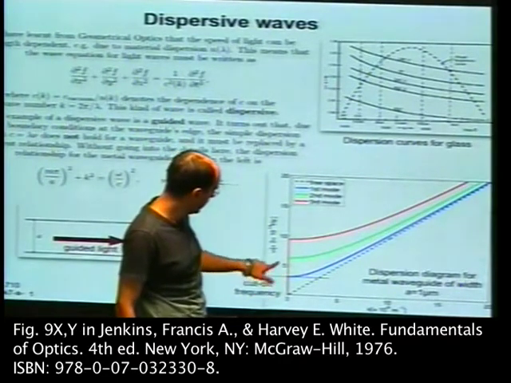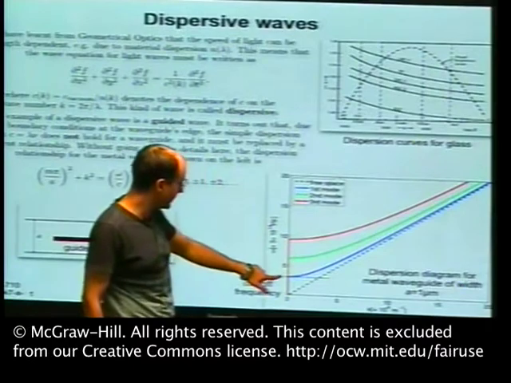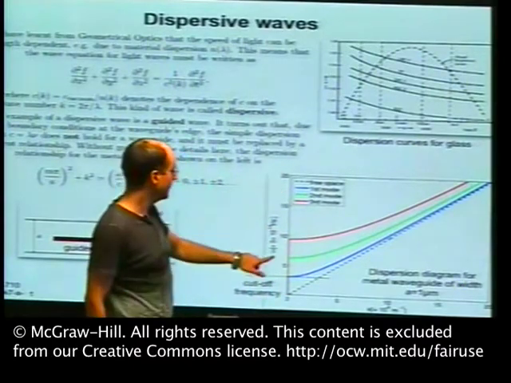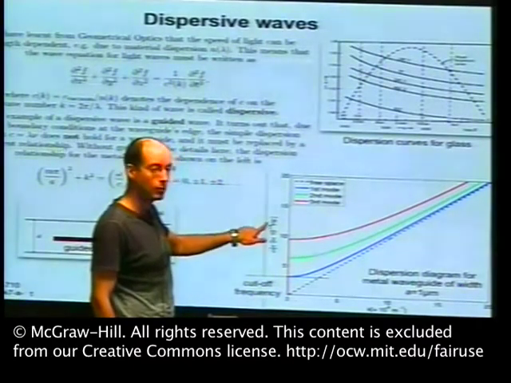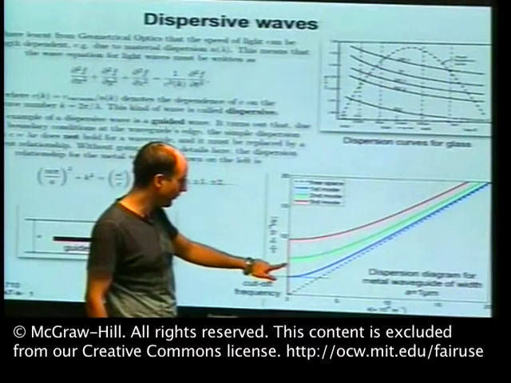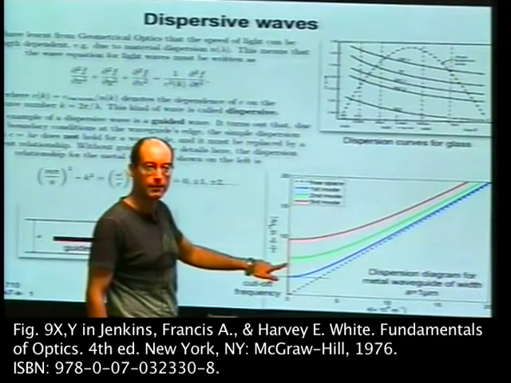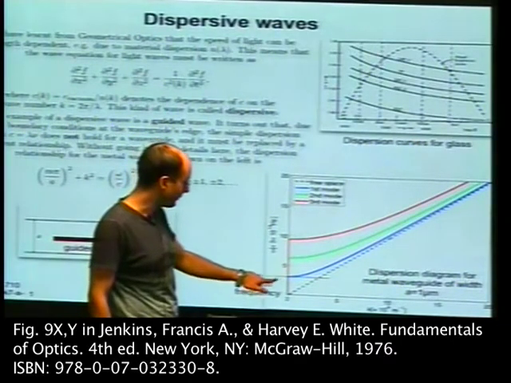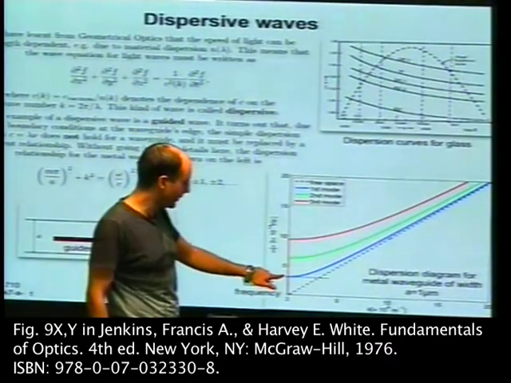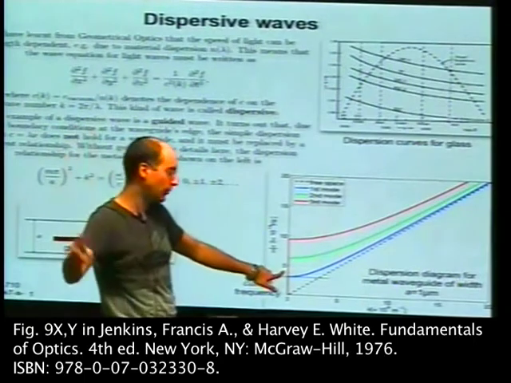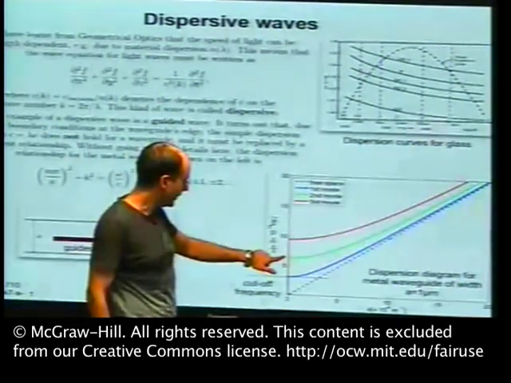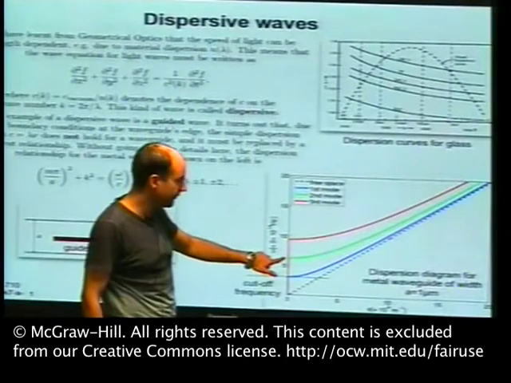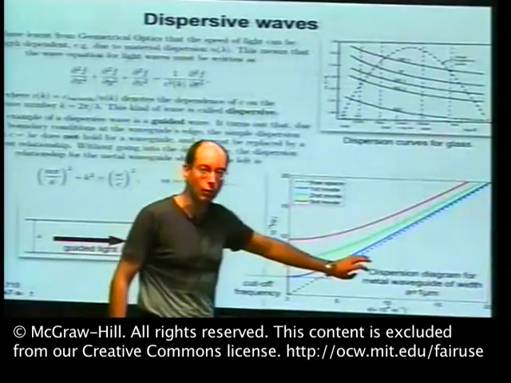So the way you read this axis is you read the ordinate and you multiply by 3 times 10 to the 14. So for example, 5 actually means 15 times 10 to the 14 hertz. Okay. So then between the value 3, which is 9 times 10 to the 14, and the value, whatever it is, 7, you only launch one mode.